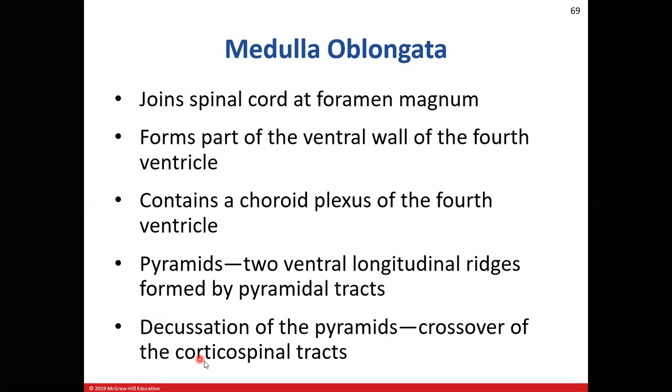Now, the pyramids are also known as corticospinal tracts. I am going to highlight this term here, because when we look at corticospinal and we look at the term tract, we already know what a tract is. And a tract is a collection of nerve processes that we find in the CNS.